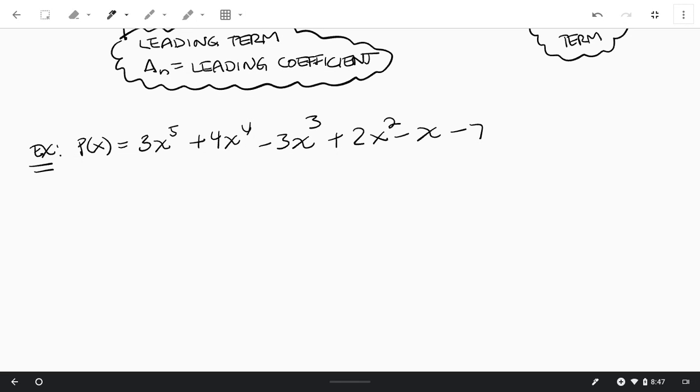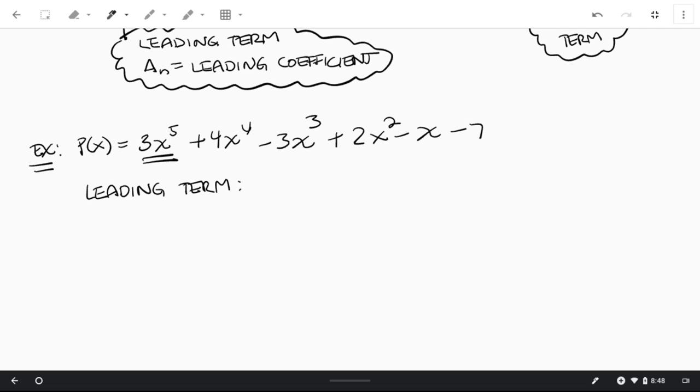It starts with power of 5, and then it goes in order: power 4, power 3, power 2, power 1, and power 0. So you might be asked to identify the leading term. Here, the leading term would be all of this, including that sign, which is positive 3x to the 5th.